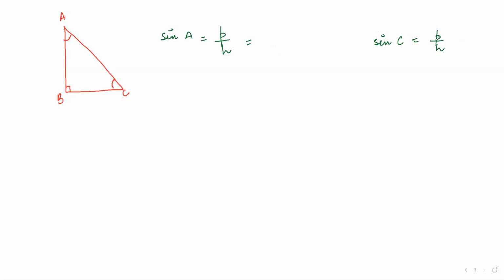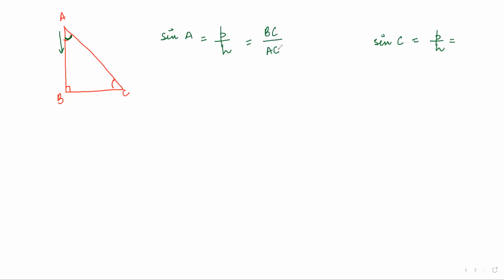But for both the angles, the perpendicular is different. Why? Because if I'm taking angle A, this side is base because it is one of the legs of this angle. So the perpendicular is BC.